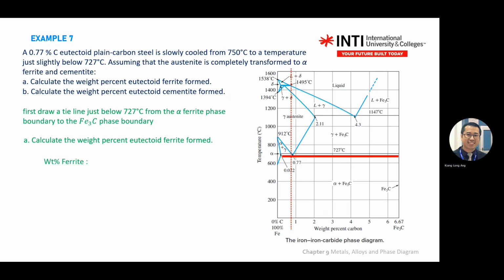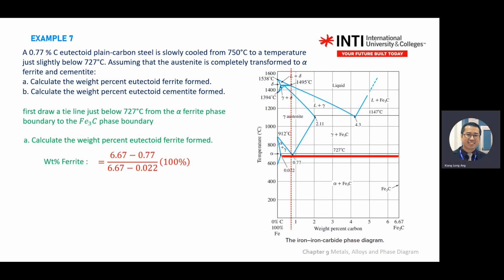So I just calculate the percentage of ferrite that I have. Here I take 0.66%, 6.7% because this is the maximum on the graph that I have. So I take the maximum point minus 0.77 here. So you draw a line.